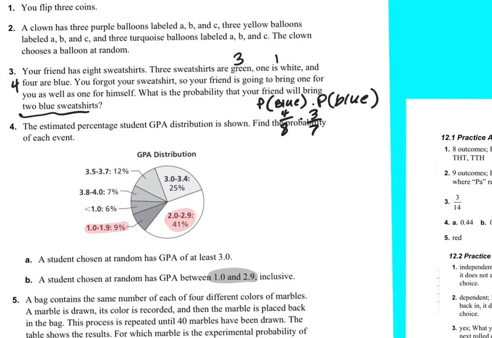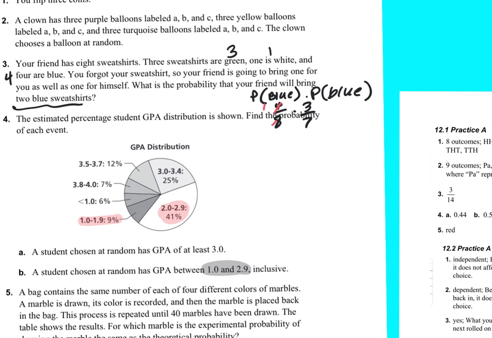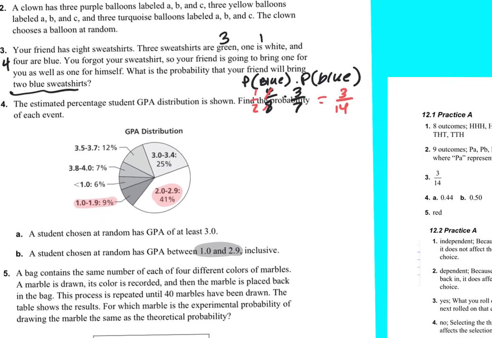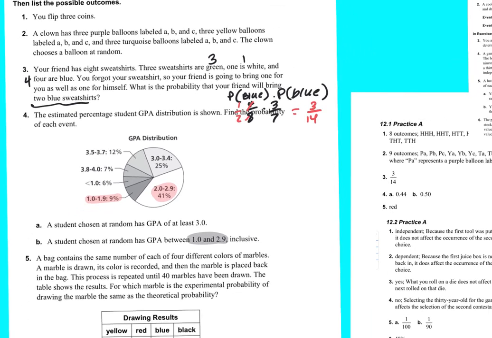And then you just want to simplify it. If I was to leave this in fraction form, it'd be 1/2 times 3/7, so that'd be 3/14. If it said to round it to the nearest decimal place, you'd use the calculator. If it said to put it in percent, you'd use the calculator.